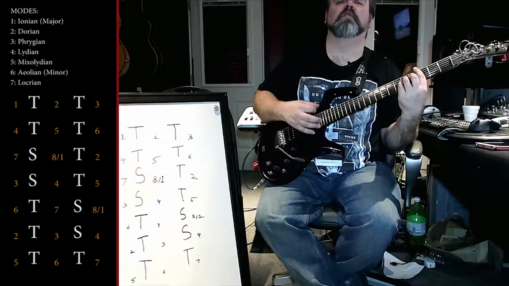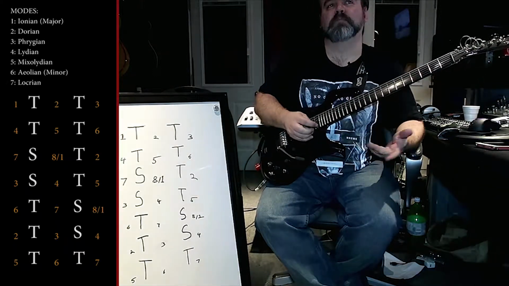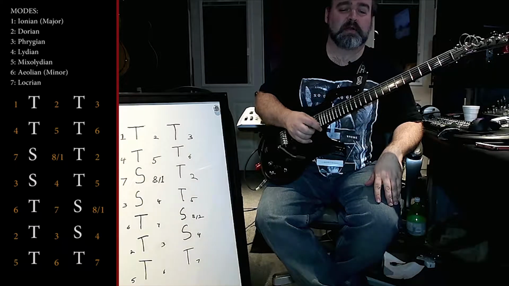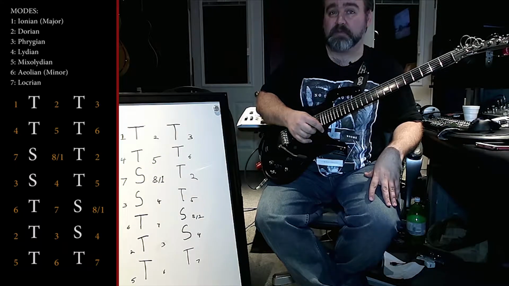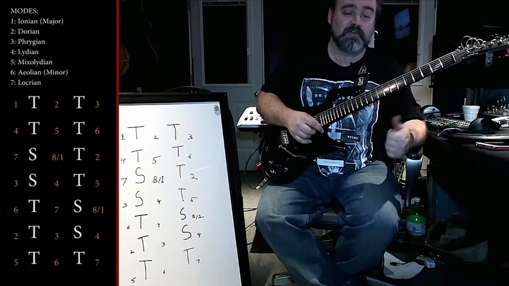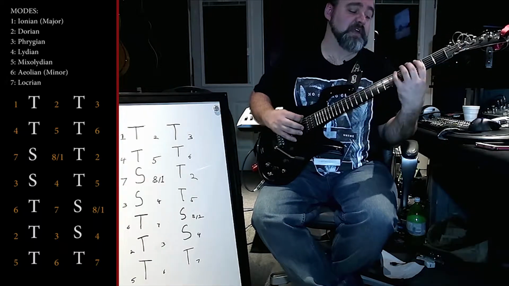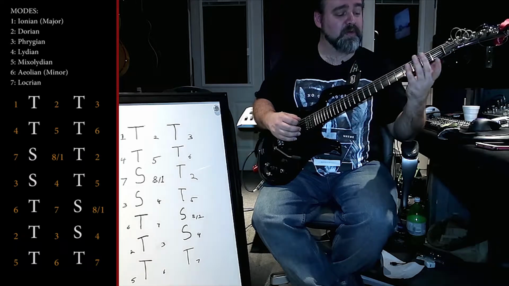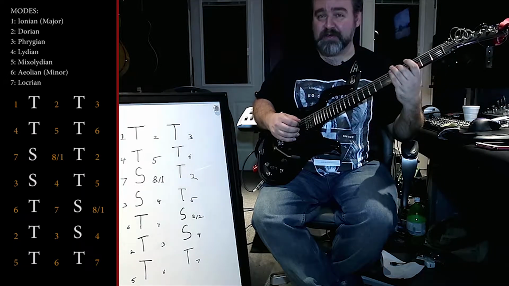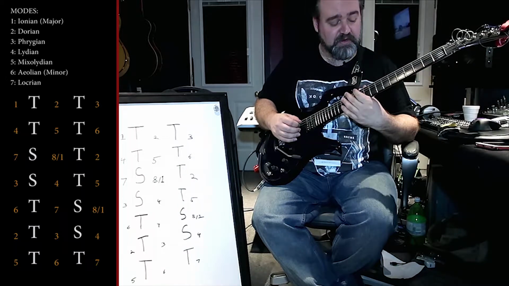So if you've heard about modes, what are they? Well, long story short, they're just really fancy names for something really simple. The first mode is just a major scale, called Ionian. Our second mode is nothing more than starting on the second note of the major scale and ending on the second note of the major scale.